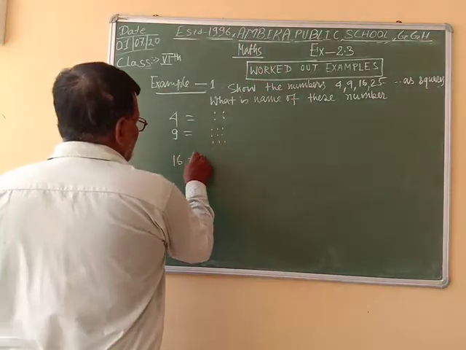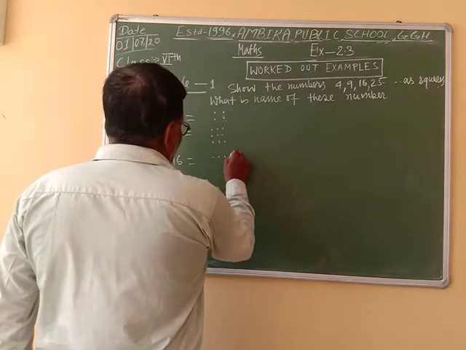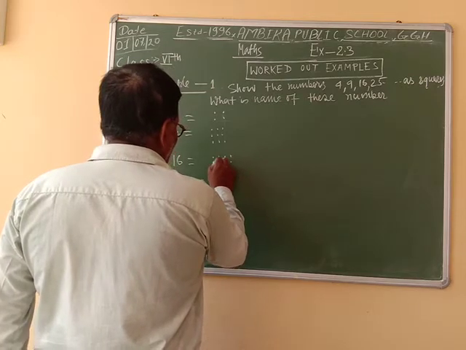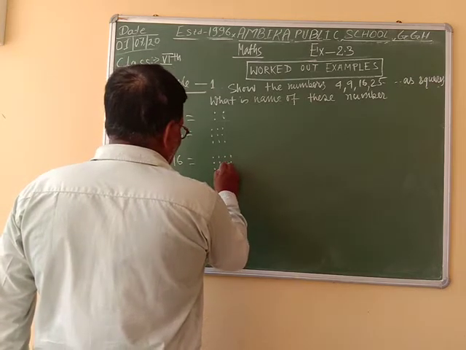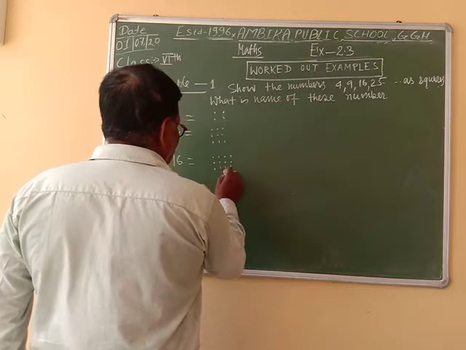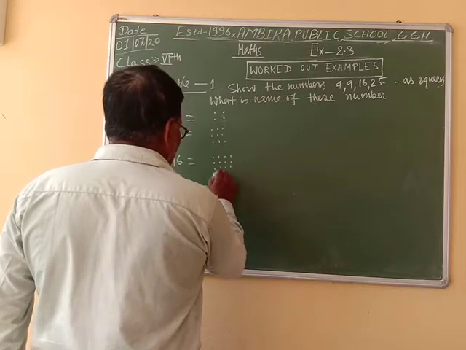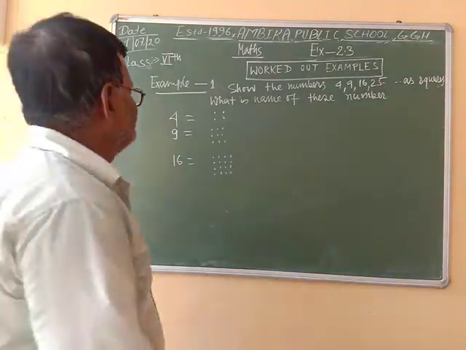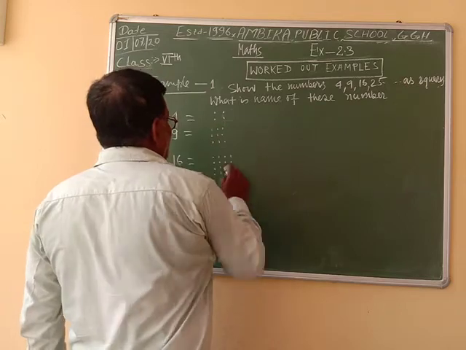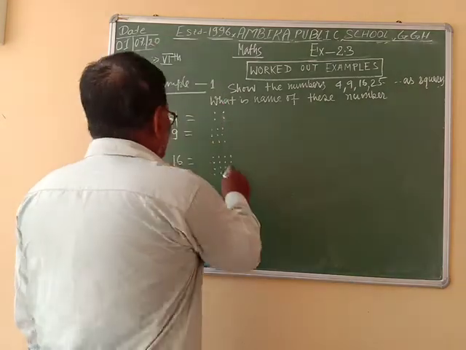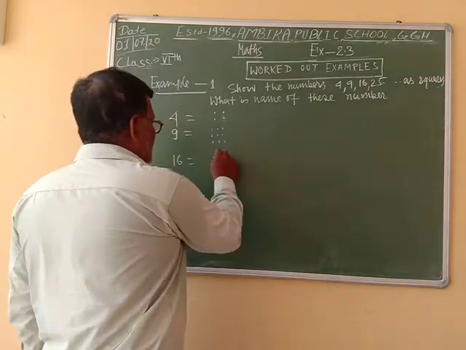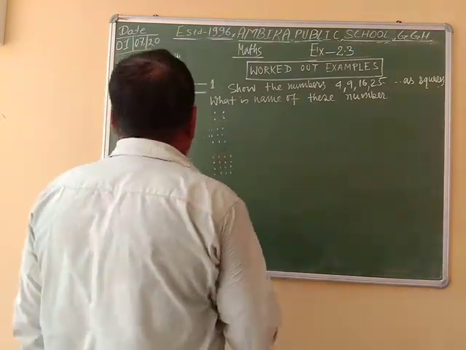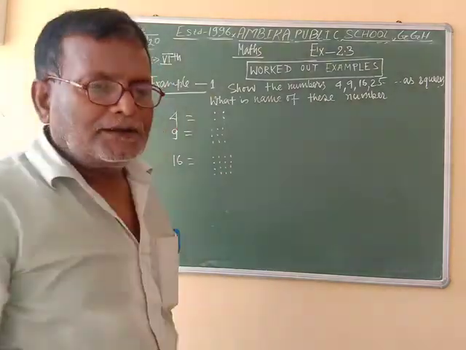And for 16, which is represented by 16 dots, from 16 dots we can make a square.